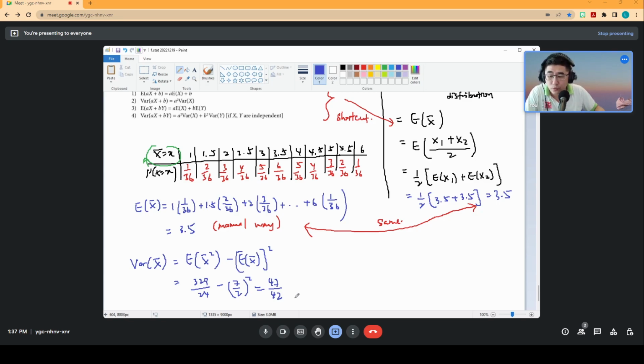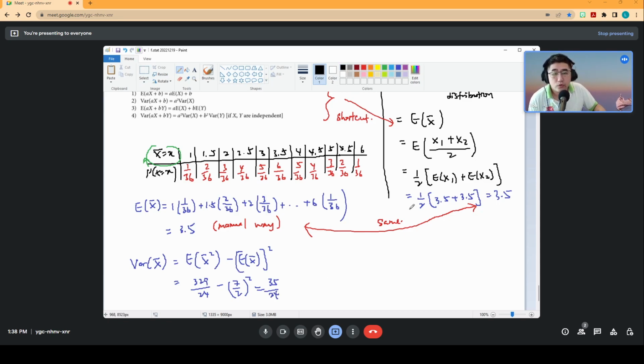Why do I have a wrong number? Oh, sorry, my mistake. I pressed wrongly, I went and divided. It should be 329 over 24 minus 3.5 squared, which gives 35 over 24.